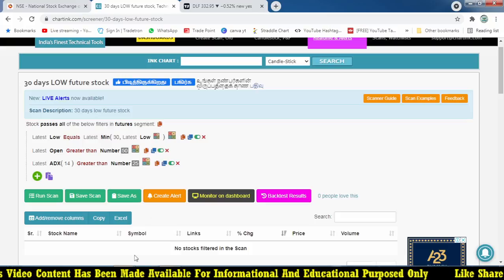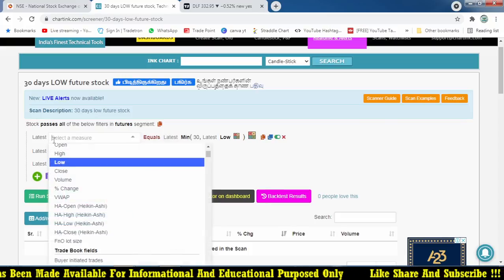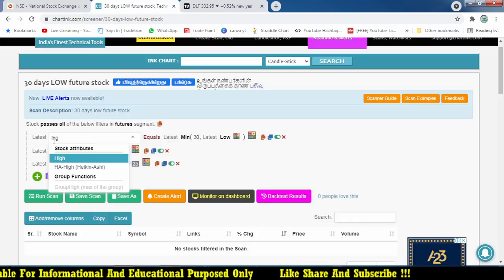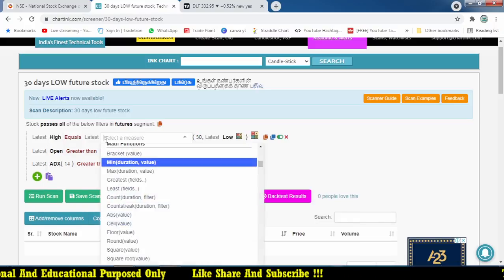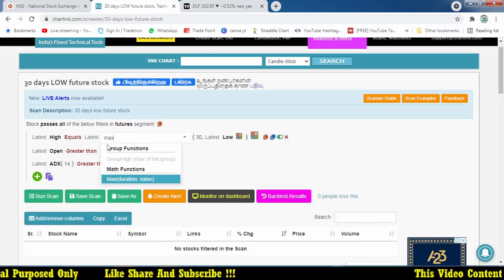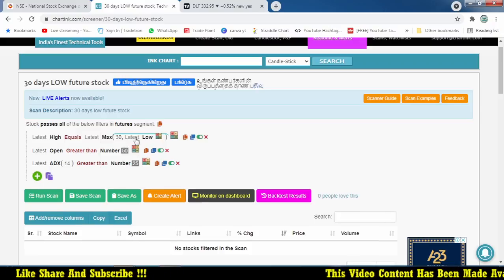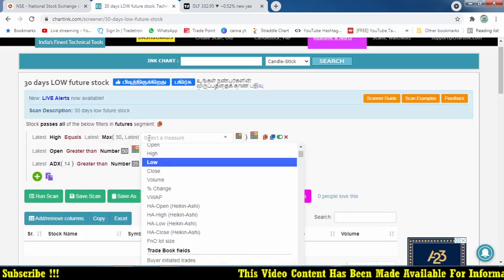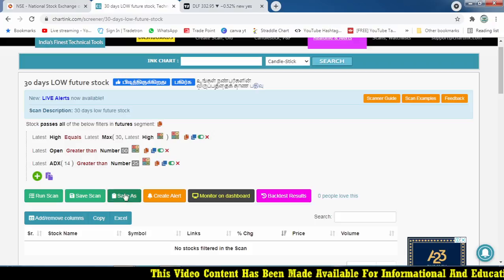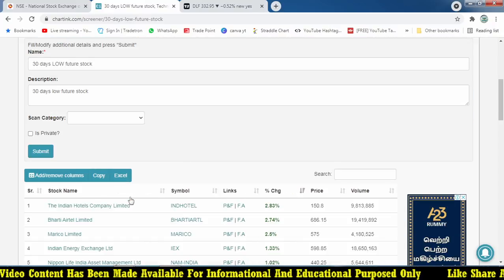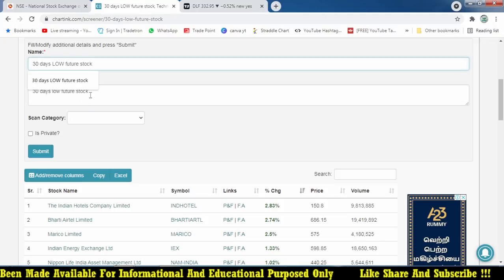The same code will be converted into the highest level: stocks trading at a 30-day high. If any stock forms the same condition, I save it as the scan, 30-day high future stock.